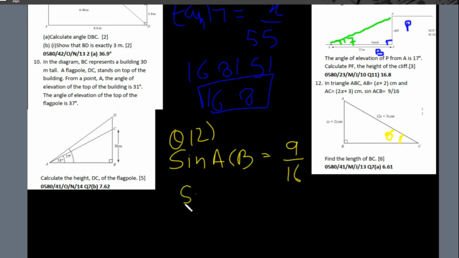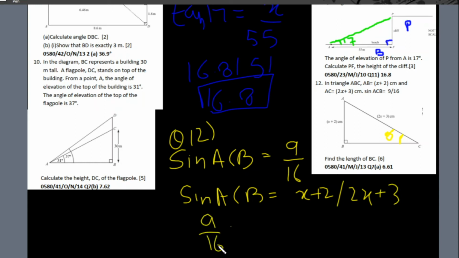And also we know sine ACB equals perpendicular over hypotenuse. So perpendicular is x plus 2, hypotenuse is 2x plus 3. Now simply equate these. 9 over 16 equals x plus 2 over 2x plus 3. Next you'll cross multiply and rearrange to get the value of x. We need BC, so first we need x. So let me do the working here.